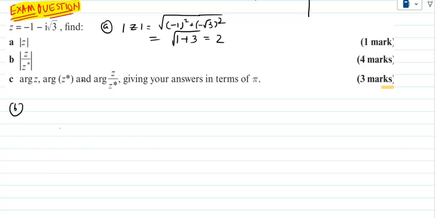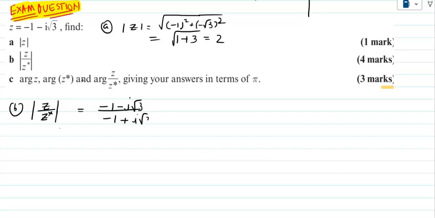B part, they are saying z divided by its conjugate, right? This is given. So if z is minus 1 minus i root 3, and conjugate will be minus 1 plus i root 3.